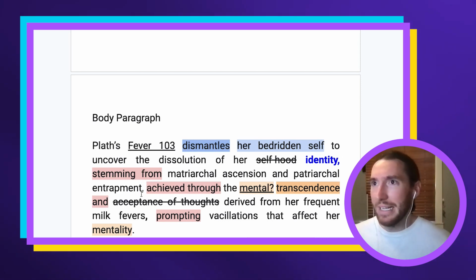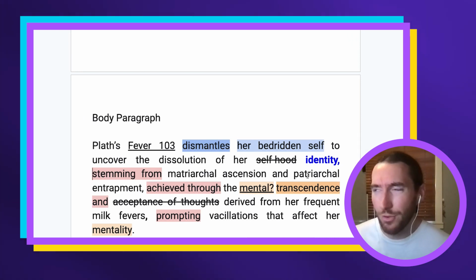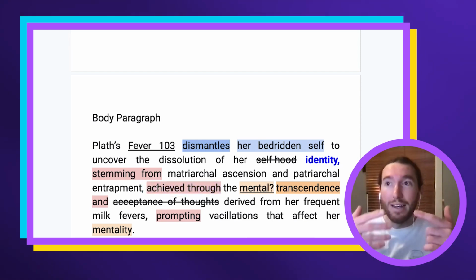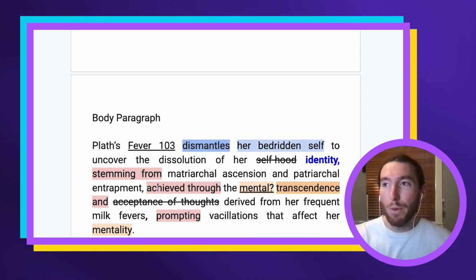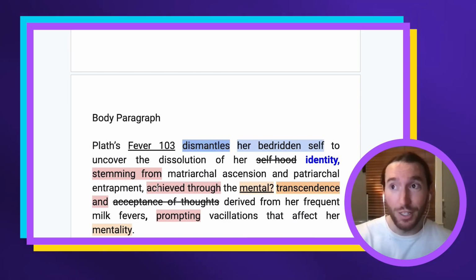The issue here is that after we do the further breakdown here, saying where this dissolution or dismantlement is stemming from, matriarchal ascension and patriarchal entrapment, we then say achieved through. So there's another comma now, and it's just going to have this kind of clunkiness as we keep repeating, and then we're going to lose meaning. We're going to lose sight of what you're actually saying eventually because there are so many of these additional clauses.